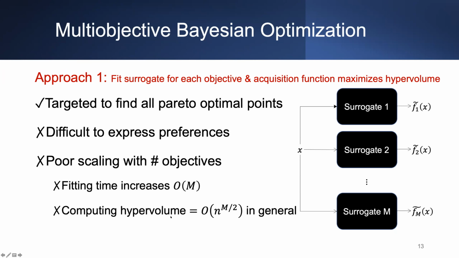Moreover, actually computing this hypervolume turns out to be quite hard in general, right? It turns out to be exponential in the number of objectives. Of course, you can improve this worst-case complexity from a theoretical perspective. There are probably some polylog factors missing here, but it still scales exponentially in general is the message here. So this can really break down your Bayesian optimizer, so to speak.